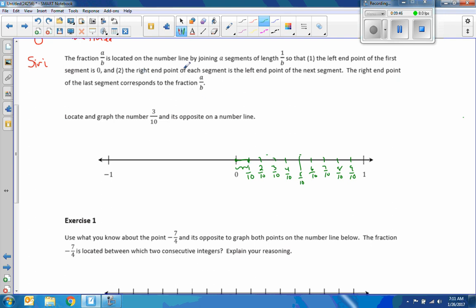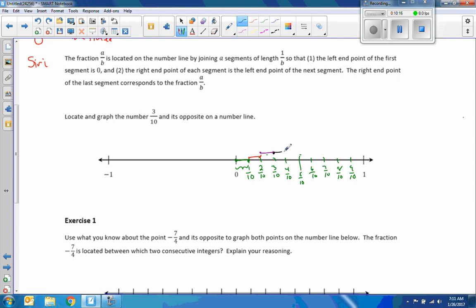Then it says the right endpoint of each segment is the left endpoint of the next segment. So what they're saying is the next segment would have a left endpoint of 1/10 and would go to 2/10. And then if I continue this, the left endpoint of the third segment would start at 2/10 and then go to 3/10. So the right endpoint of each segment is the next segment's left endpoint.